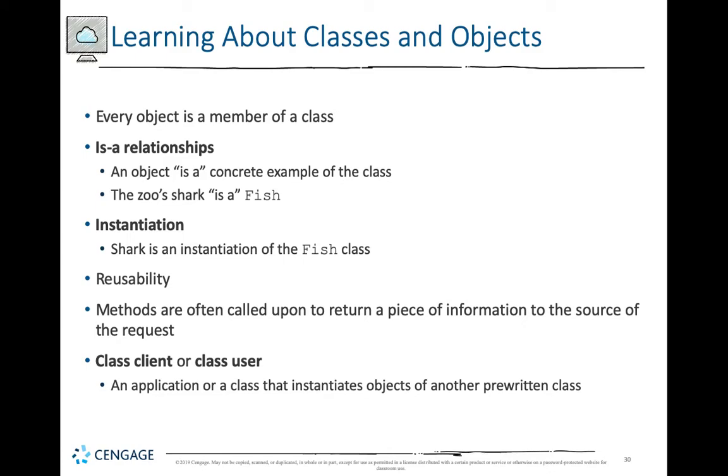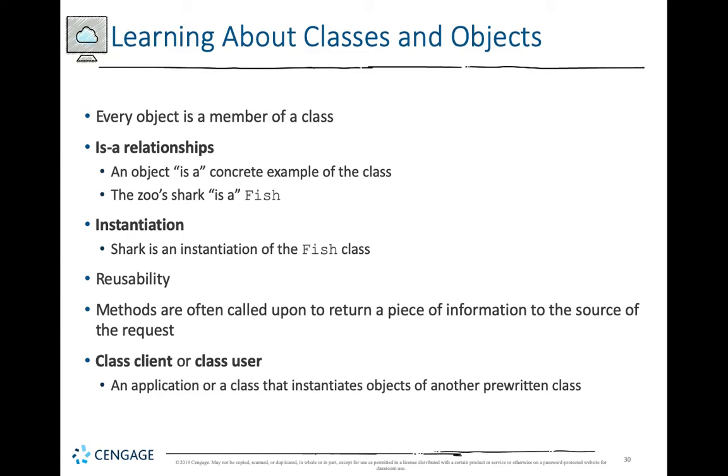Shark is an instantiation of fish. So if you think about a real-life shark, how is it an instantiation of a fish? We're talking about types. And if I was to write this on the board in Java code, I would say Fish shark equals new Fish. Shark is now an instantiation of the fish. Does that make sense?